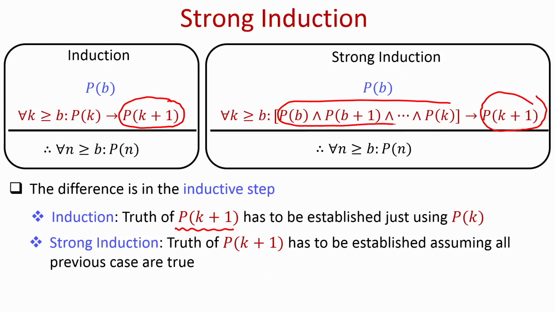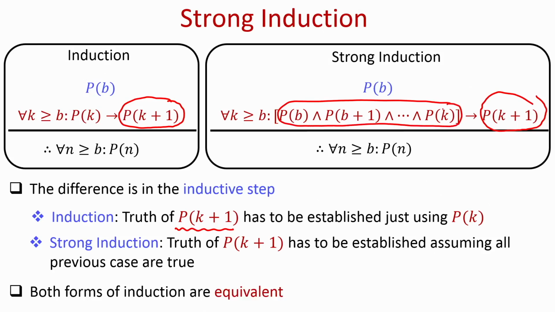The difference is in the inductive hypothesis. However, it turns out that both forms of induction are equivalent. That means, if you have a proof by regular induction, then you have a proof by strong induction for the same property P, whereas if you have a proof by strong induction for the property P, then you can find an equivalent proof for the same property P, but using regular induction.